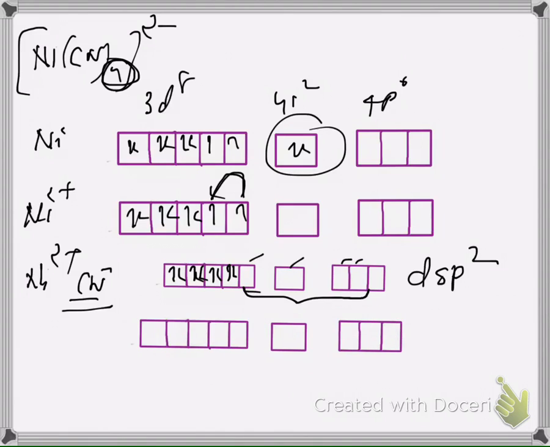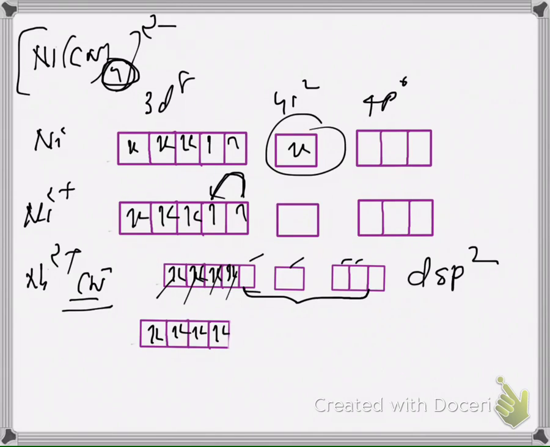So the hybridized orbitals can be drawn like this: 2, these 2, these 2, and these 2.